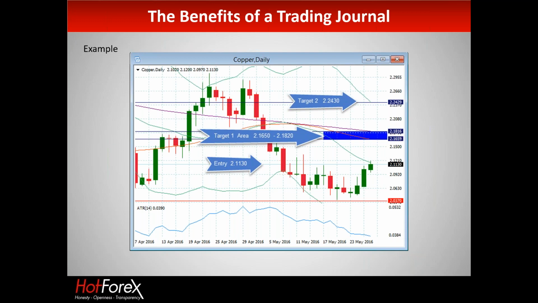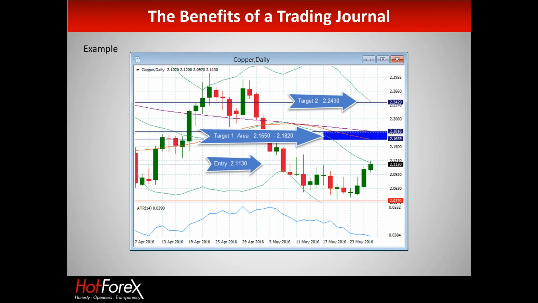Now, of course, the trader has to write everything down, because this system could be based on something that worked and made sense when trading forex. It could be the case that this doesn't work in the copper area.